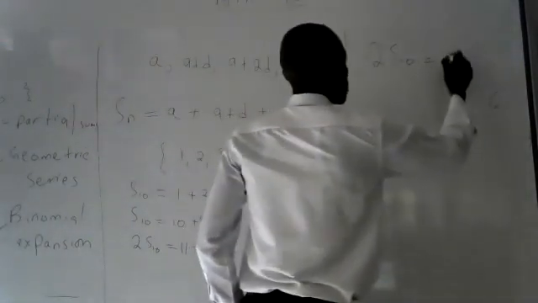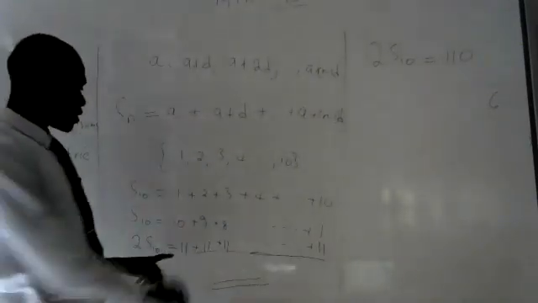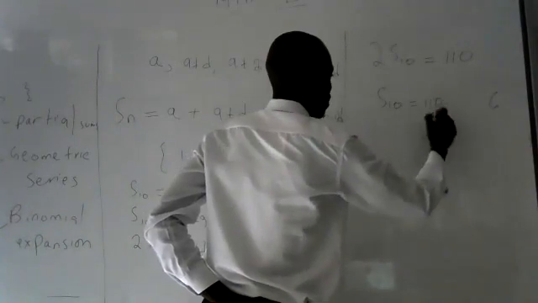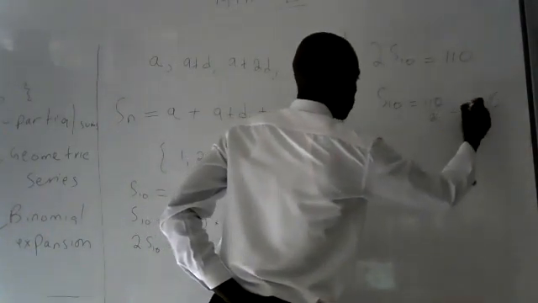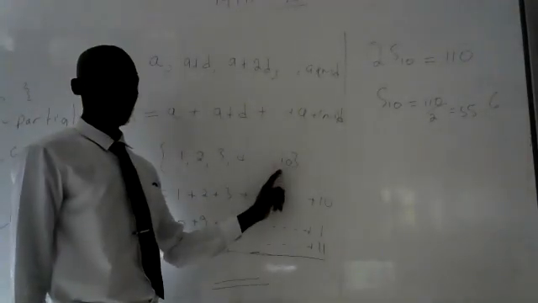So we have twice S10 is 110, where 110 is 11 times 10. Now to find S10, I just take 110 divided by 2, and this will be 55. This should be the sum of the terms from 1 up to 10, and you can confirm with a calculator.